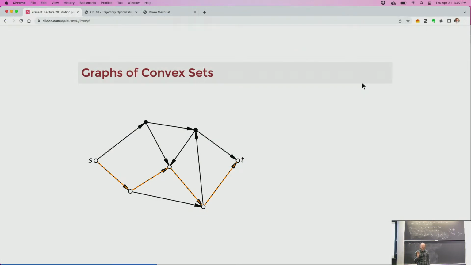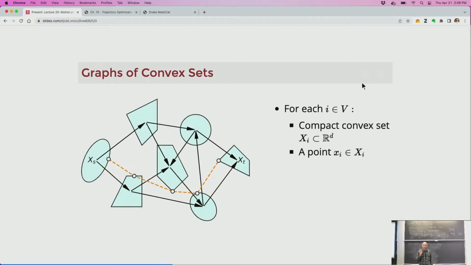And we're going to make what's hopefully a not too scary modification, which is we're just going to associate with every vertex in the graph a continuous set. And because we like convex optimization, we'll make them convex sets. So every time you visit a node in the graph, you're allowed to pick one element out of the convex set. That's the formalism we're trying to build up here.